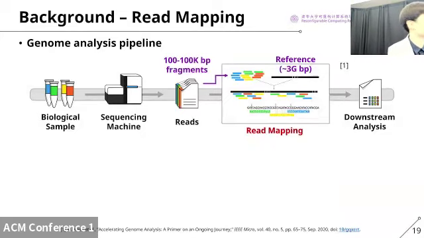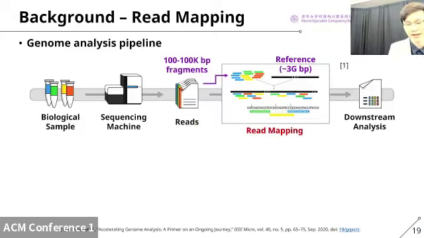The sequencing machine will cut your DNA into many short pieces and generate some digitalized DNA fragments, which we call reads. So if you want to perform some downstream analysis, you need to put those pieces back together to reconstruct your entire genome. This process is called read mapping.